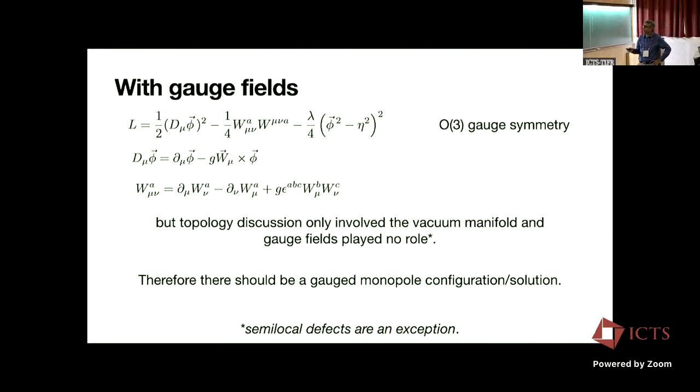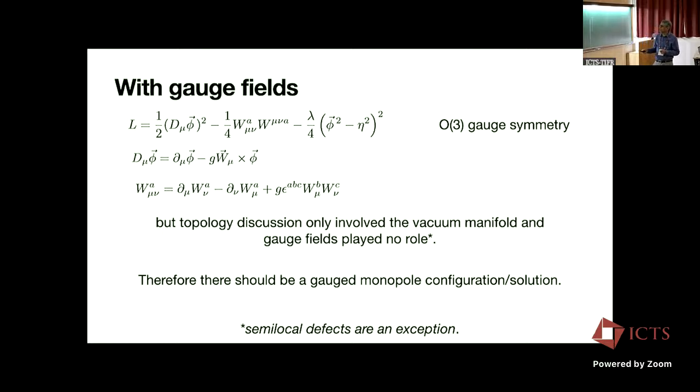Okay, so the discussion of topology doesn't really care about whether it's gauged or global. There is one exception, which are called semi-local defects.